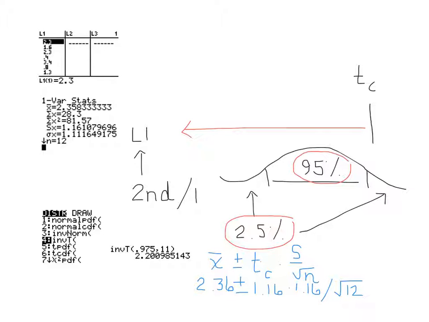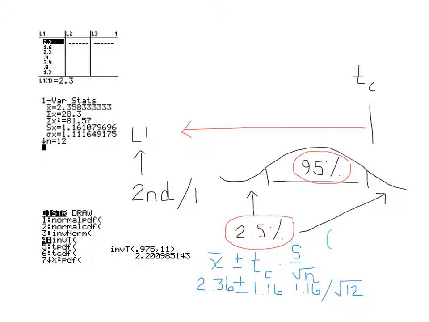So we know we'll get a lower limit by using the minus, and we'll get an upper limit by using the plus.